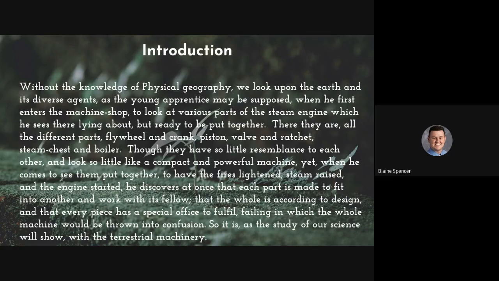So it is, as the study of our science will show, with the terrestrial machine.